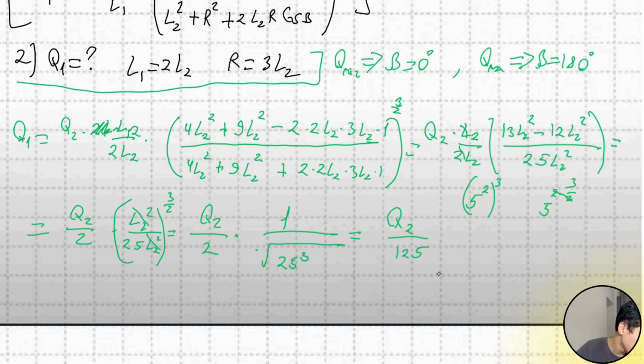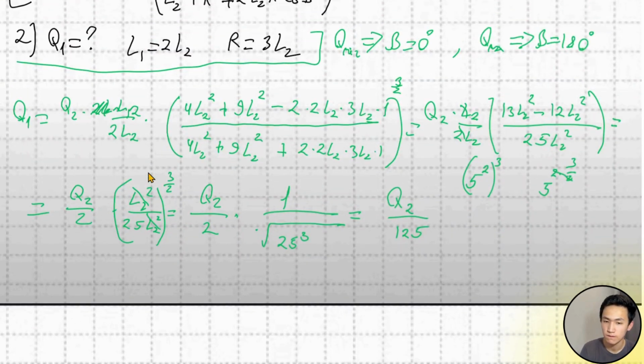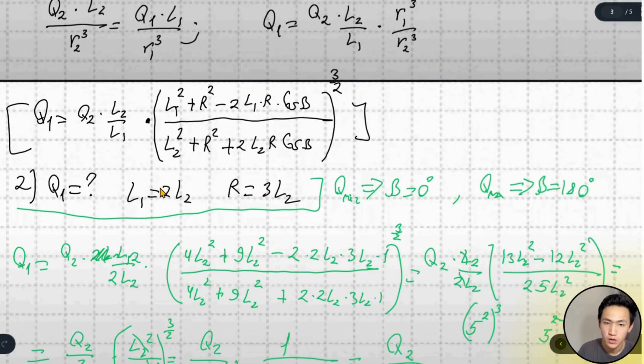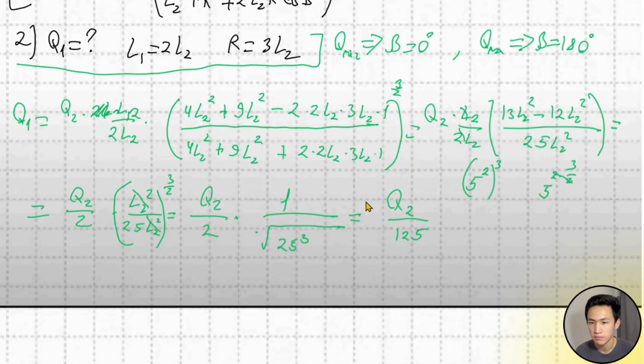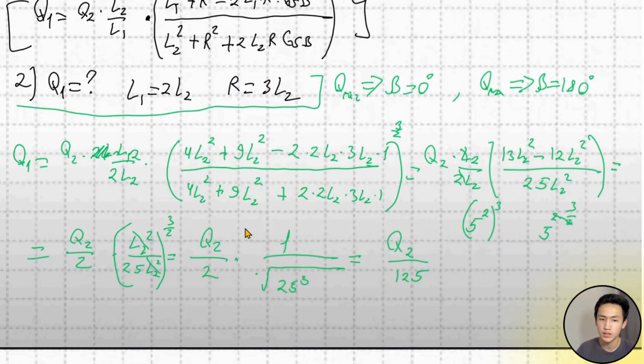Is it correct or not? It is correct. I may have a mistake here, but by putting all these calculations together we can find Q min, and Q max equals Q2 times the corresponding value. So we see how we found all the values.